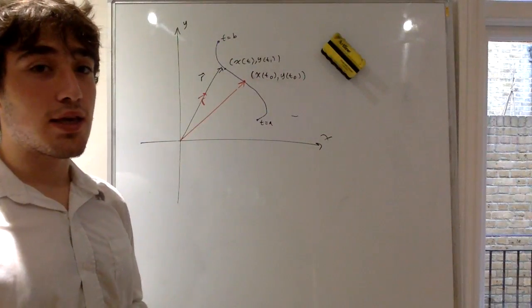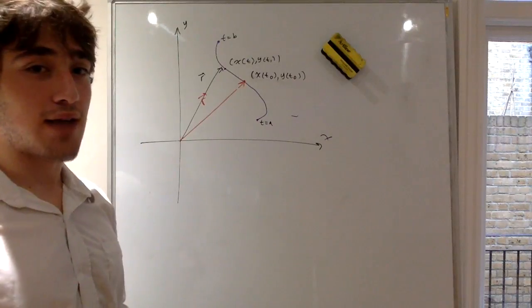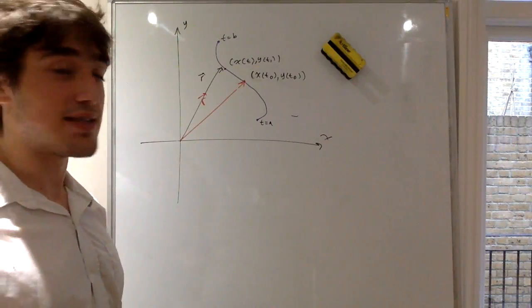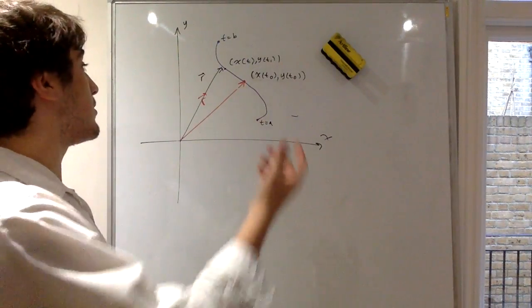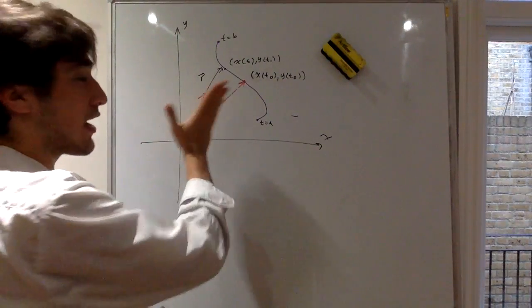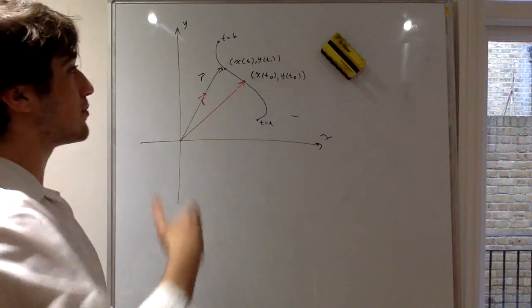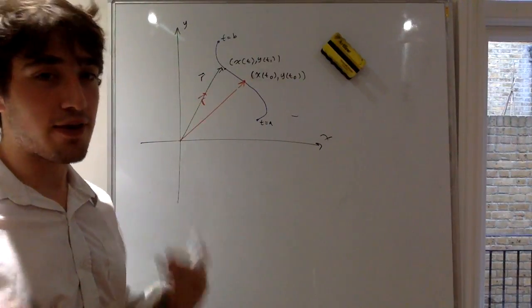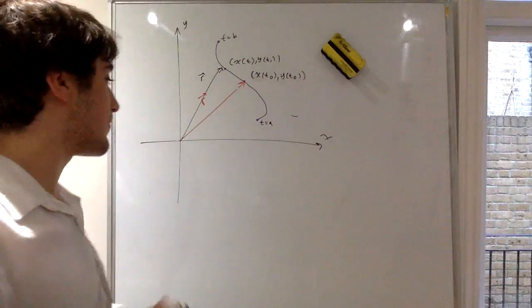So it's exactly as if, in fact, it is the case that you give the position vector a value of t and then it gives you an actual vector out that tells you the point. And that's very reminiscent of a function.